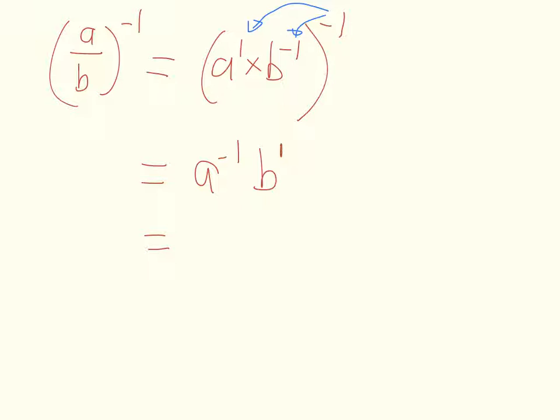Well, the way I can rewrite that, the b is in the numerator, the a is in the denominator, both just have a power of 1. And really, what this is saying, if I have anything to the power of minus 1, if the power is minus 1, that means I take the reciprocal.